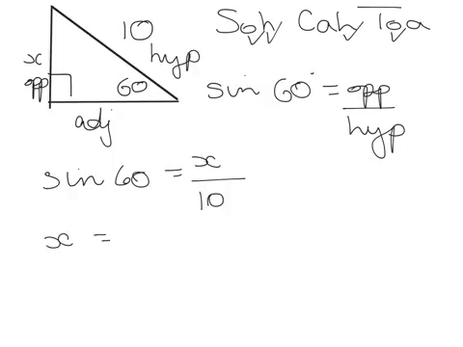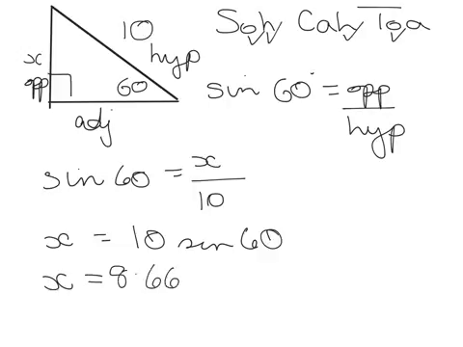X is equal to 10 sine 60. Put that into the calculator to find x, and we get 8.6602, round it to 2 decimal places, and that's going to be 8.66 centimetres. Done.